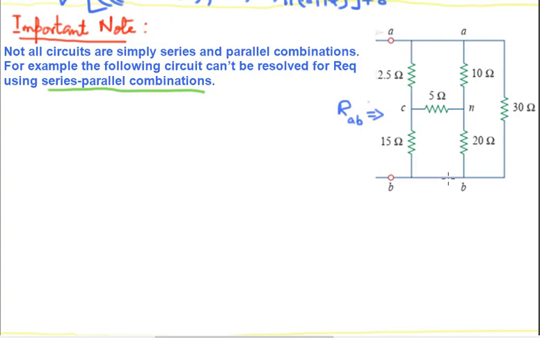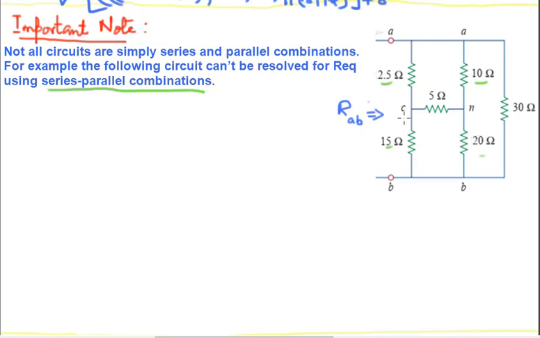In this circuit, if you try to solve it using series parallel networks, you are not going to be able to do that, because there is no parallel circuit over here. If you think that this 20 ohm and 15 ohm are parallel, no, they are not. Similarly, this 10 ohm and 2.5 ohm are also not parallel. None of them are parallel, even though this looks like a parallel kind of combination.